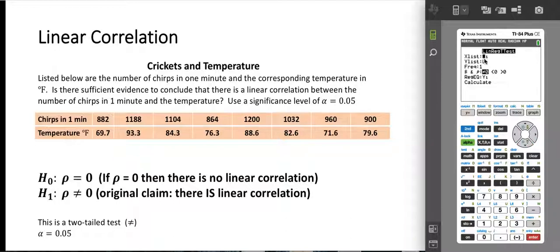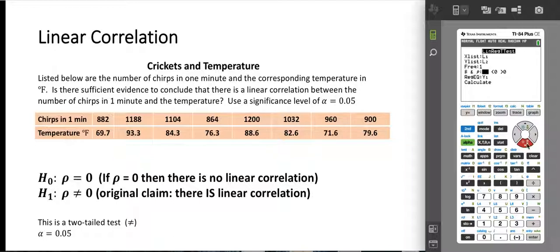Our X list, remember, was list 1. Our Y list is list 2. And we are doing this two-tailed test. Remember, the alternate hypothesis is that rho is not equal to 0.